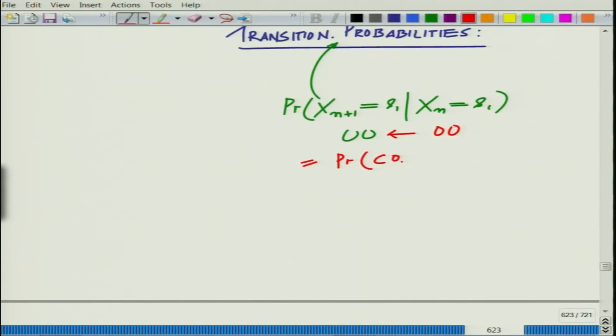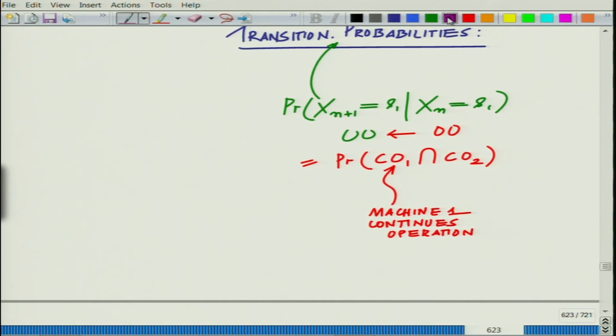If you think of continue operational as the event CO, this will be the probability of CO1, that is machine 1 continues to be operational, and machine 2 continues to be operational.